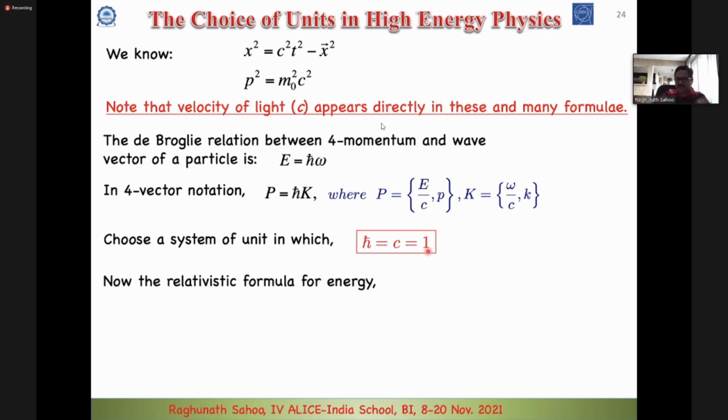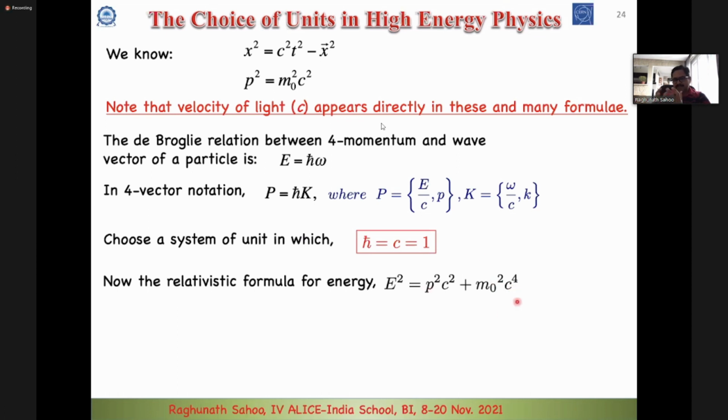And there is a rationale behind this. It is not that we only want to get rid of these repetitions. There is a rationale behind it, and I will slowly migrate to that. So now the relativistic formula for energy, which was very complicated, right? I am so accustomed to not using c. Whenever there is a requirement of teaching BTech students in IIT Indore, I always get confused whether c square is here or here, or c to the power 4 will come here or here.